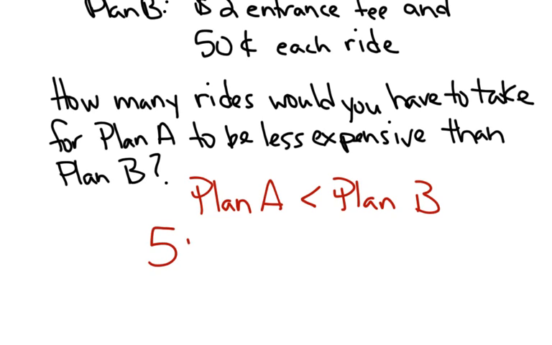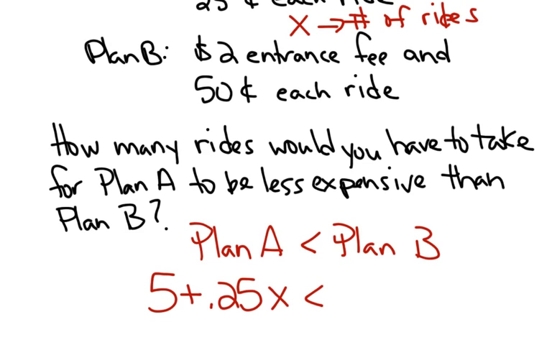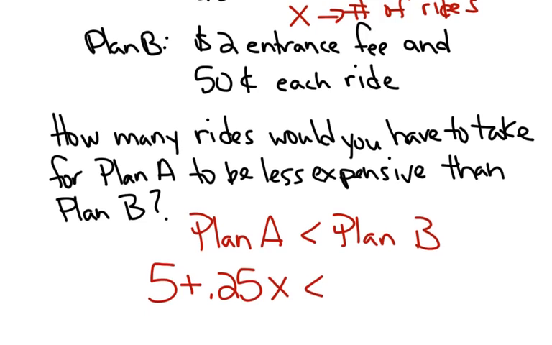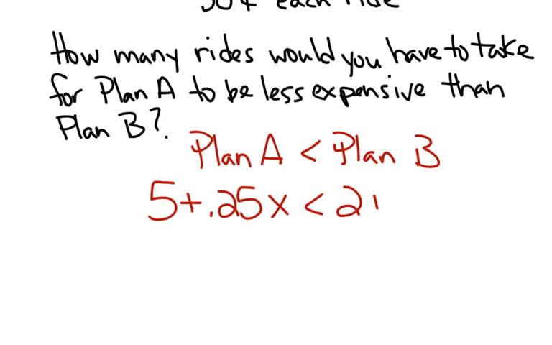That's going to be 5 plus 0.25x. Remember to convert the 25 cents back into actual monetary form. That needs to be less than Plan B, which is going to be $2 plus 50 cents times x.